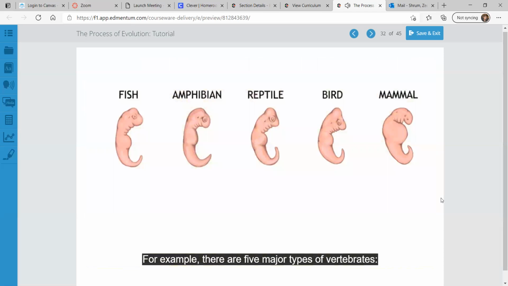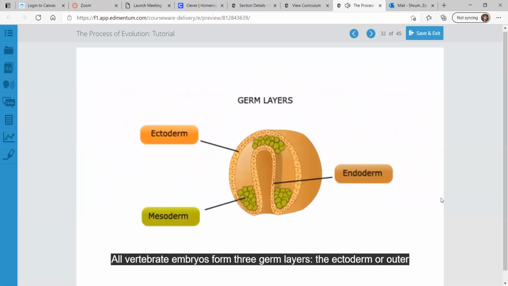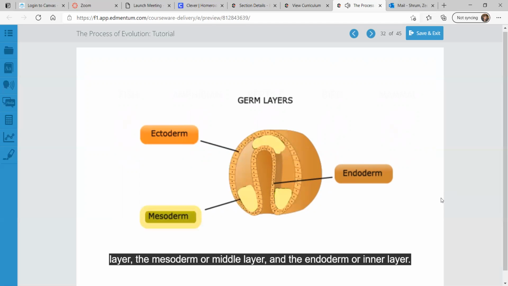For example, there are 5 major types of vertebrates: mammals, birds, fish, amphibians, and reptiles. These vertebrates are different from each other as adults, but they are curiously similar in the early stages of development. All vertebrate embryos form 3 germ layers: the ectoderm, or outer layer, the mesoderm, or middle layer, and the endoderm, or inner layer.